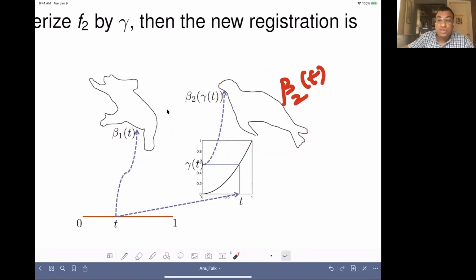I'm going to use the parameterization to tell me registration, which means for a point t here, I have a point here, beta 1 of t. For the same t, I have a point here, which is beta 2 of t. And I will say beta 1 of t is registered to beta 2 of t. Okay.